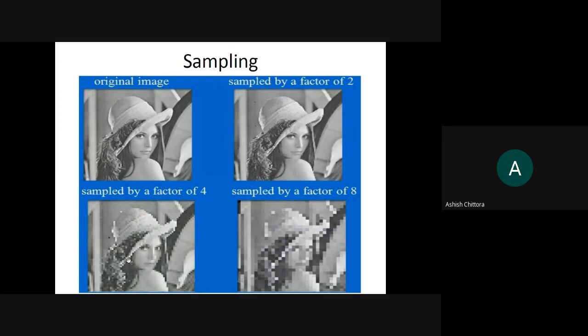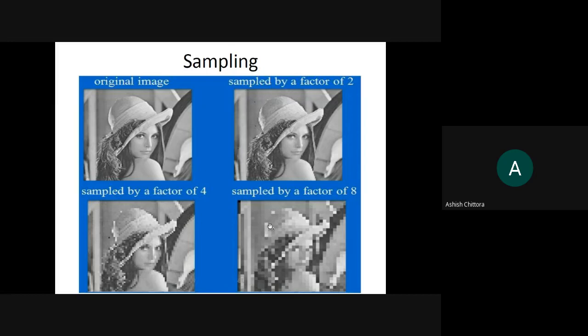That's why it is visible as a blurred image. It is factored by 4, so it will have 4 pixels with the same intensity. Similarly, if we sample it by a factor of 8, then 8 pixels will have the same intensity. So this will be a more blurred image.